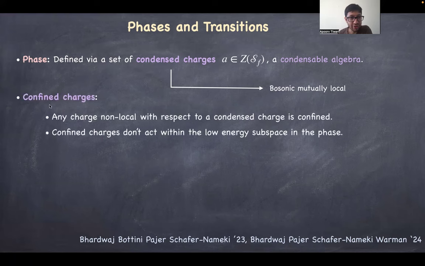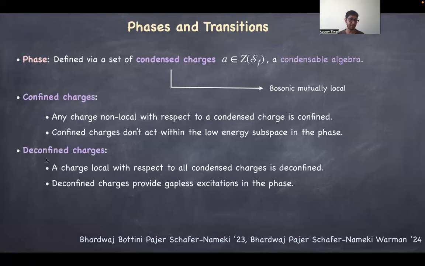And there are also these confined charges. So any charge that's non-local with respect to at least a single condensed charge is confined. And confined charges don't act within the low energy subspace because there's some energy penalty to creating excitations corresponding to these confined charges. Therefore, the low energy subspace only has condensed charges and some other set of charges that I'm calling deconfined.